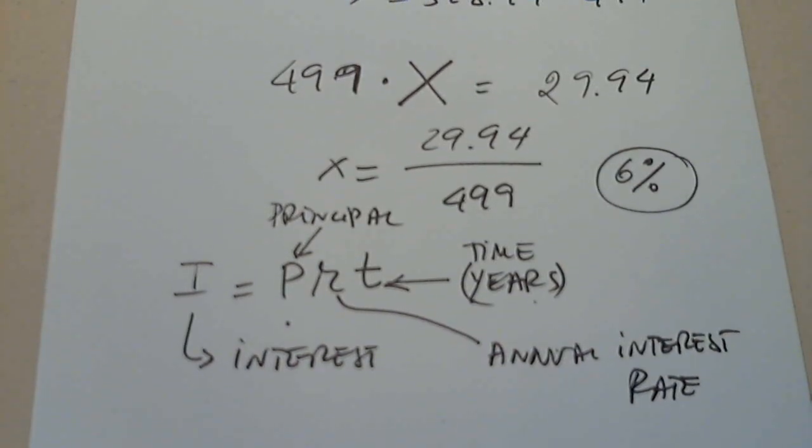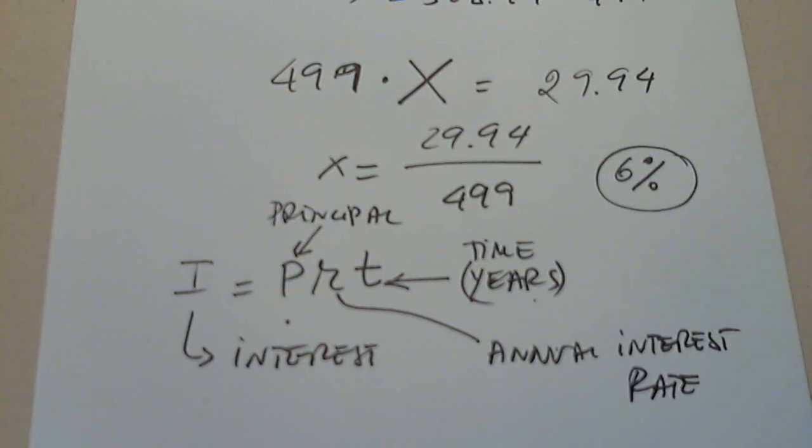Interest, principal, annual interest rate, time in years. It's called simple because it's not recalculated every week, every month. Okay? So let's take a look.